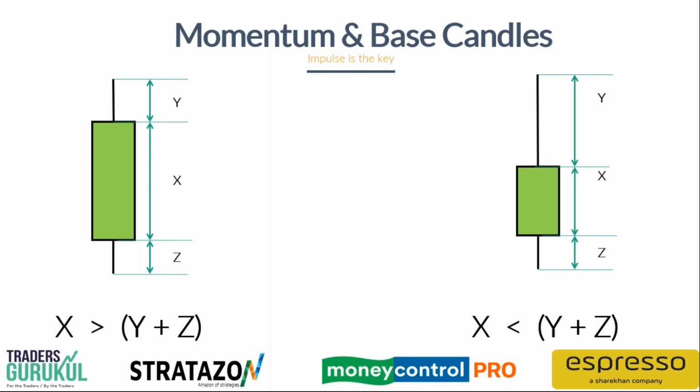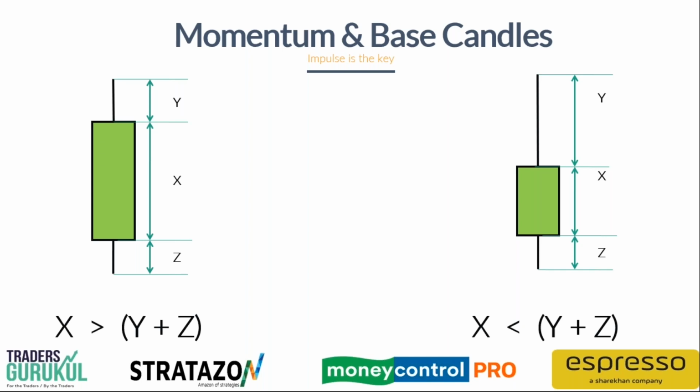That so-called momentum candle, which you see on the left side, is a situation where somebody is in absolute control. It's a big green candle. If it's a big red candle, sellers are in control. So in case of momentum, either buyers or sellers are in absolute control.